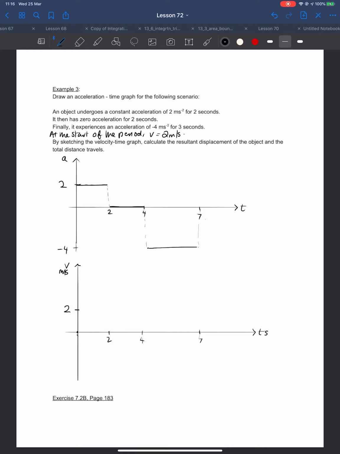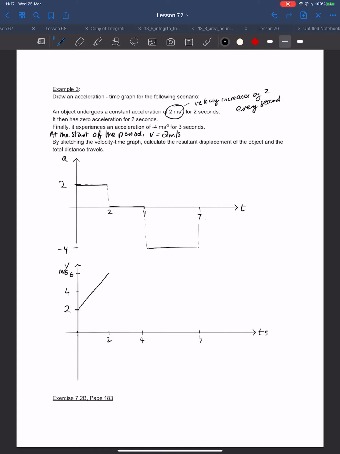And then it undergoes a constant acceleration of 2 metres per second squared for 2 seconds. So that means after 1 second, it's at 4, because the velocity increases by 2 every second. At 2, it goes to 6.